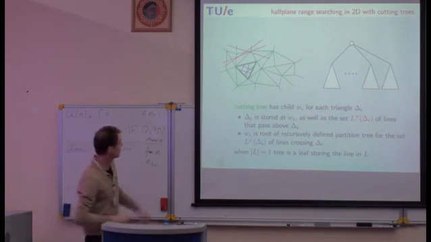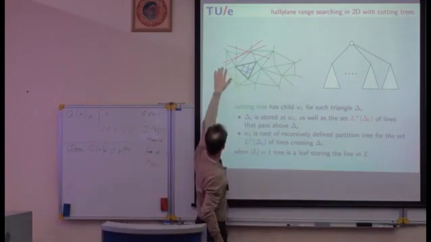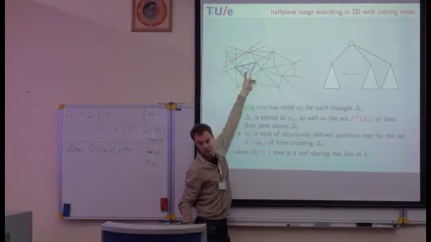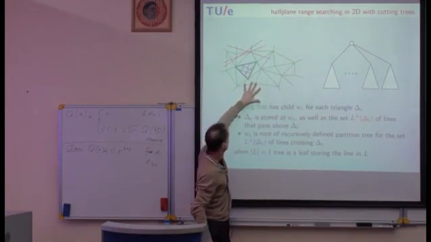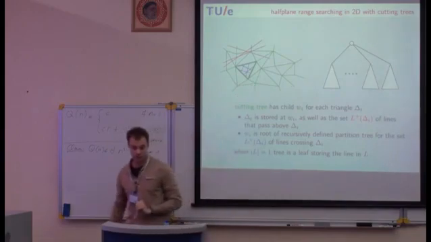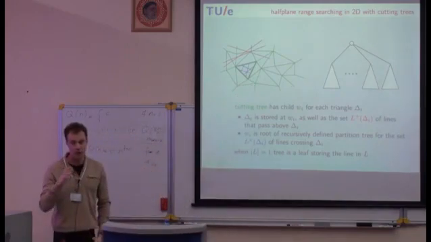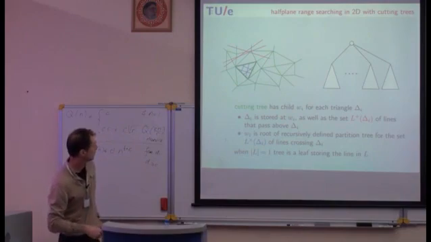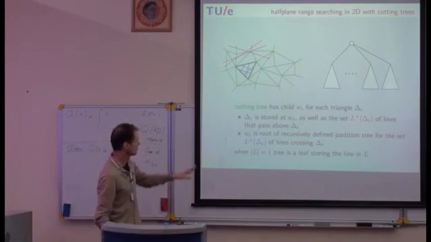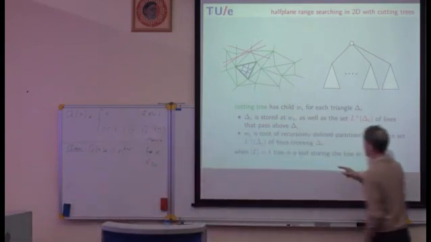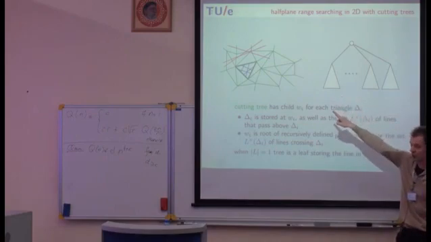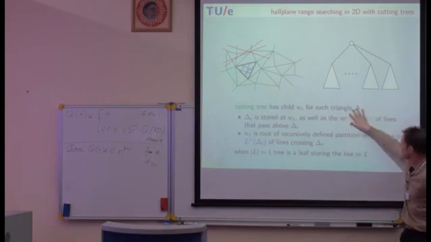The ones that are above the triangle, like these red lines, are definitely above the point inside the triangle. The ones that are below are never going to be above that point. So if I just want to count how many lines I have above the triangle, I would store just a number.